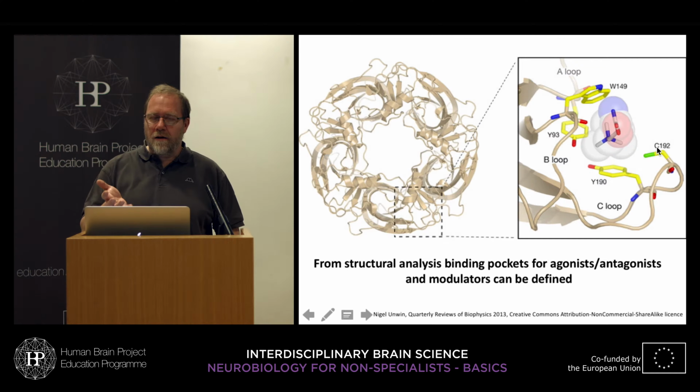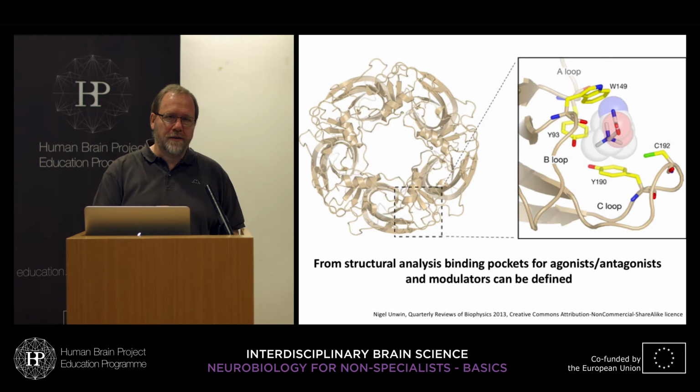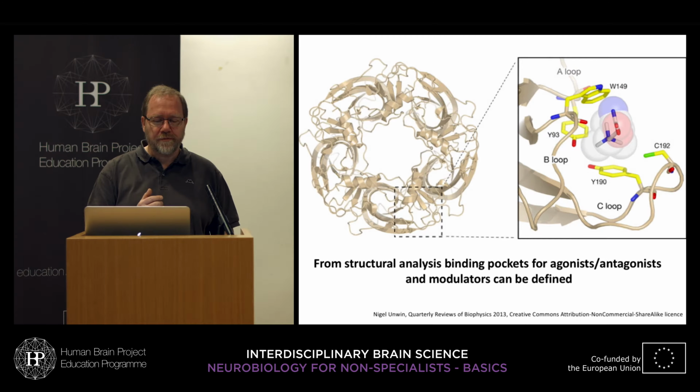This is, on one hand, important to understand what the neurotransmitter might do to the receptor. It's also important for pharmacology and for development of drugs, to see where we could put a drug which could change the receptor in a way we want to change it.